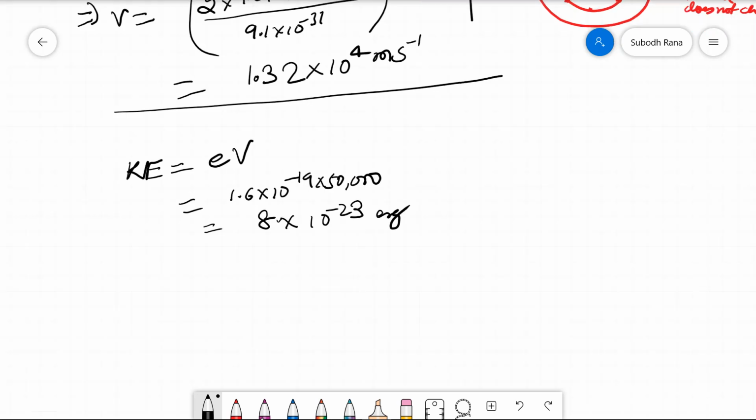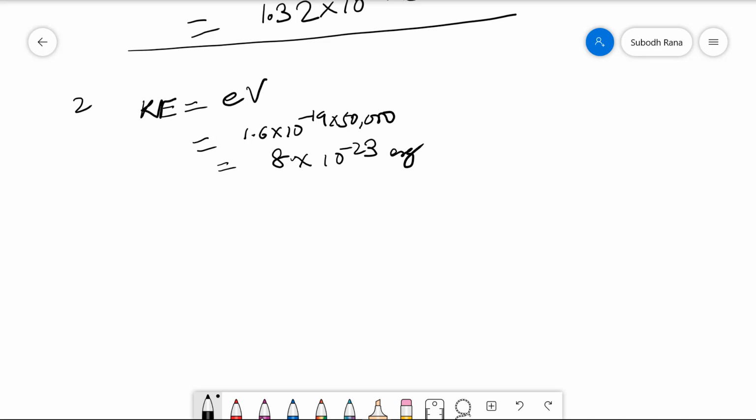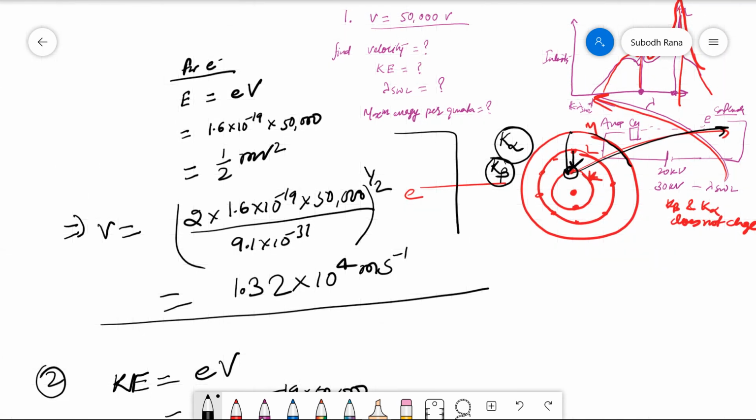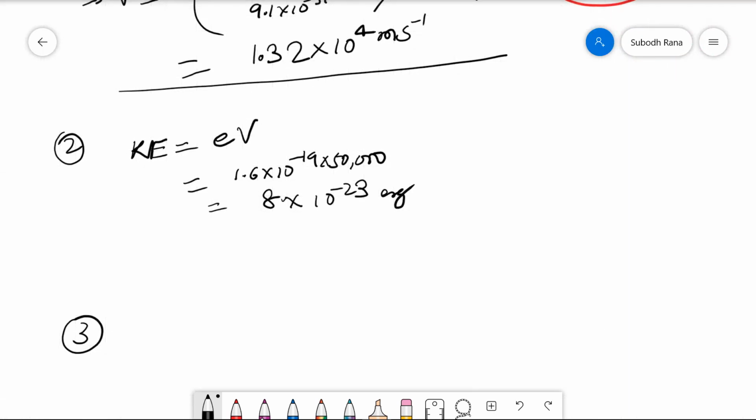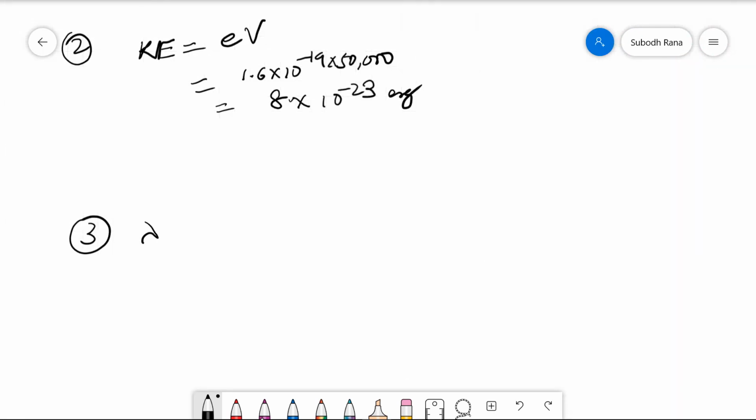Now the third thing is lambda SWL. If you see the formula, lambda SWL is 12,400 divided by voltage.